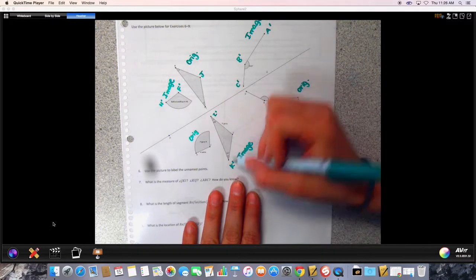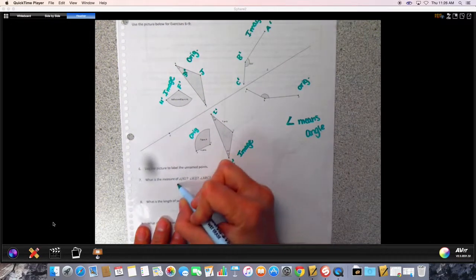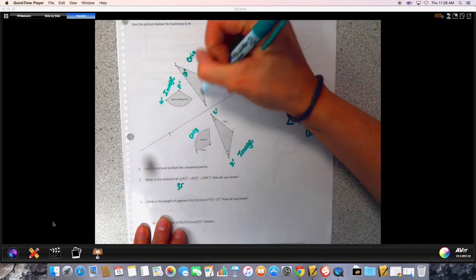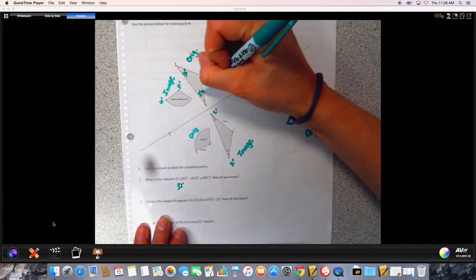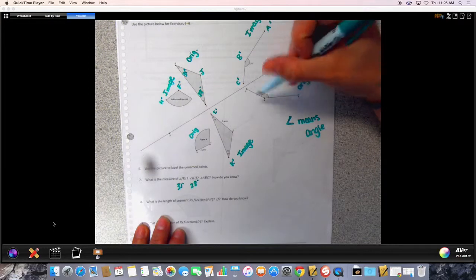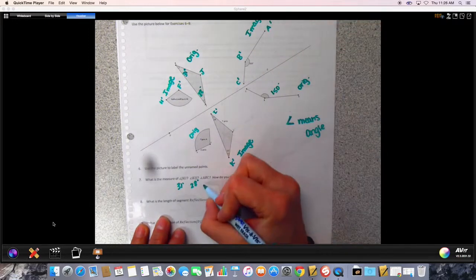Also, K prime and K should match. So this is 31 degrees for this one. KIJ matches with 28 degrees. And ABC is over here. That matches with 150 degrees.